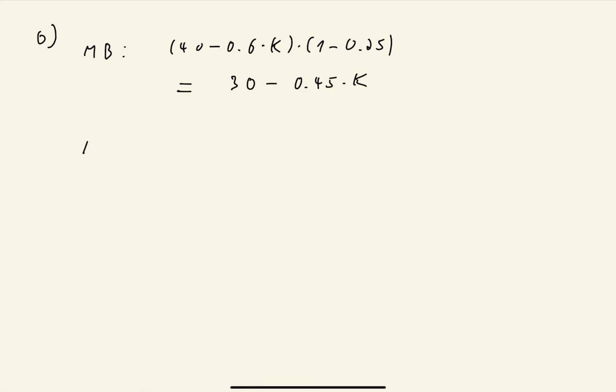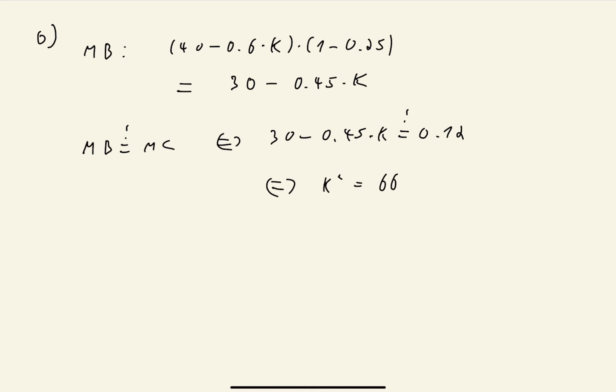And if we then set the marginal benefit equal to the marginal costs, which we calculated before, if you plug in everything, 30 minus 0.45 times K, this is supposed to be 0.12. And if you solve this, you end up with K star being equal to $66.40.